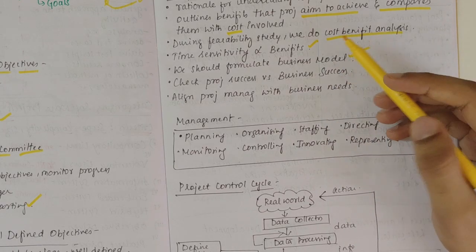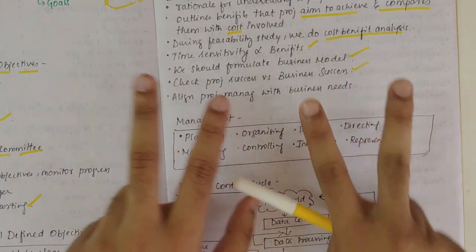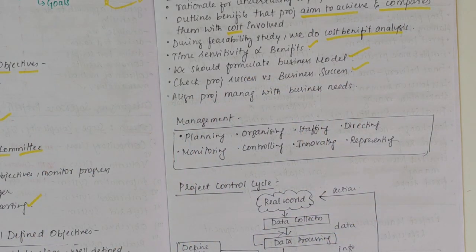Along with that, we check project success and business success. These two should be in parallel. Along with project success, we should also make sure the business aspect is taken into consideration. The business aspect here comes with the requirements, the resources being used, and the market rate of our project.